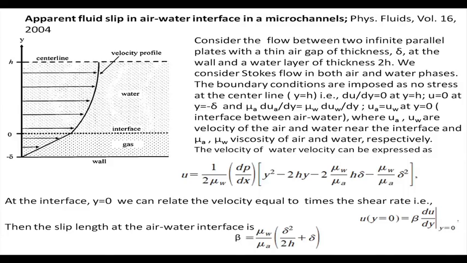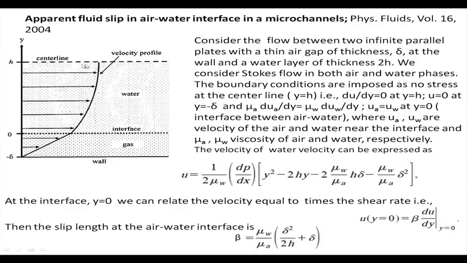Say I show the situation, how the intrinsic slip develops. Suppose we have a thin channel which is enclosing water and a thin layer of gas, say air, and in between you have water placed.